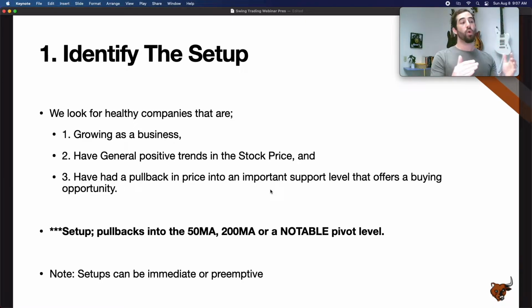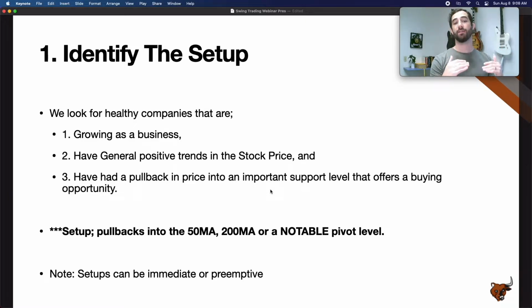And then we're looking for those companies that have a pullback into an important price level that is going to allow us to buy in and then swing the price back up to recent trading ranges. So healthy companies, positive general trends in the stock price, and that they've had a pullback that offers us an opportunity.